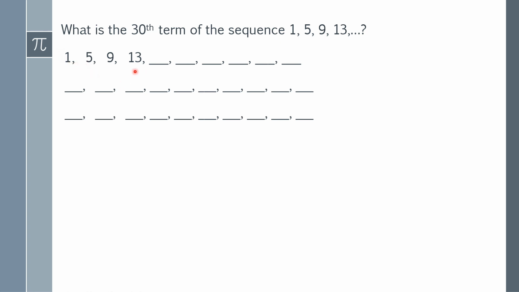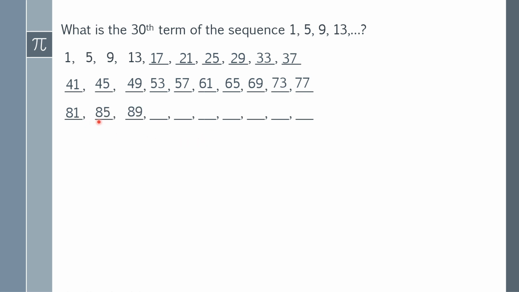So to get the next terms, we will have 17, 21, 25, 29, 33, 37, 41, 45, 49, 53, 57, 61, 65, 69, 73, 77, 81, 85, 89, 93, 97, 101, 105, 109, 113, and 117.